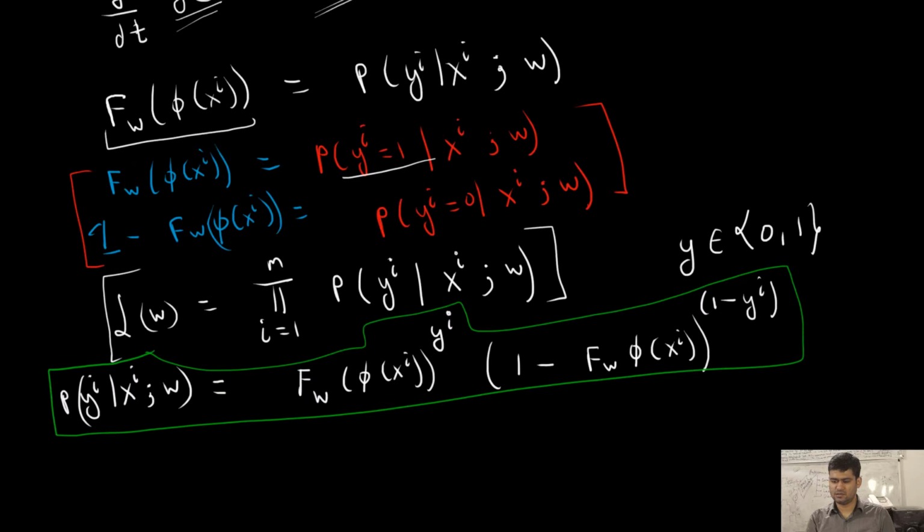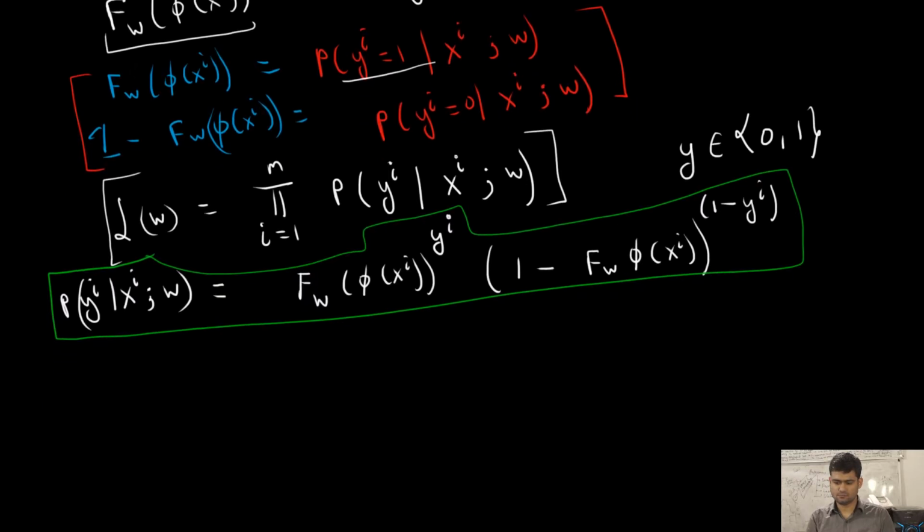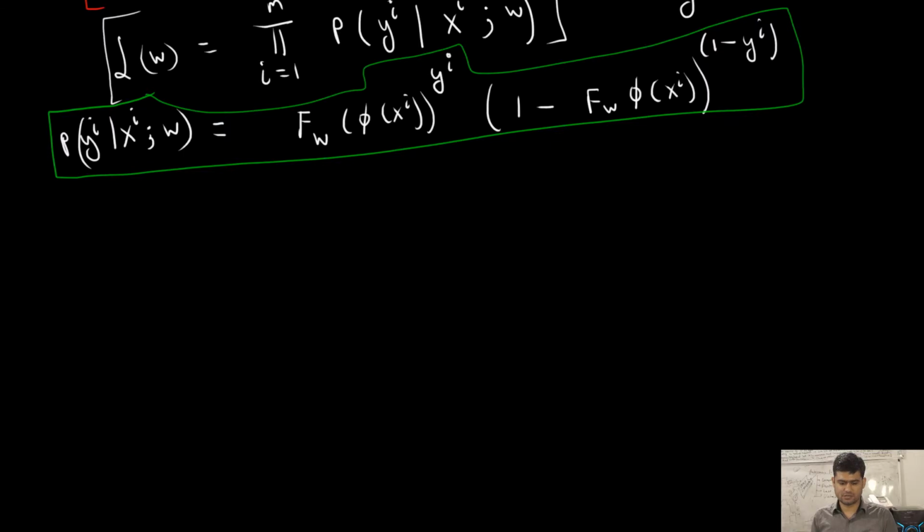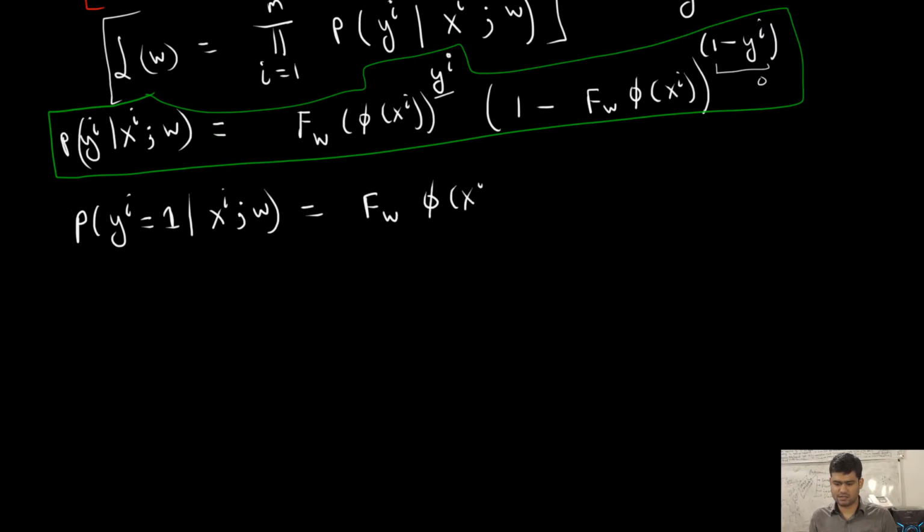So you can see that when yi is 1, this equation gives us the probability of yi being 1 given xi and parameterized by w. This is simply 1, and this term becomes 0 when y is 1, so this simply becomes f_w of phi of xi. And when y is 0, we can plug in 0 over here, so this will become 0 and this will become 1.